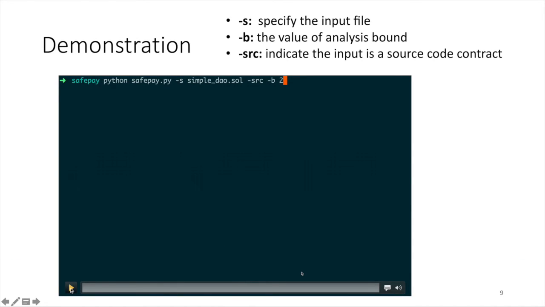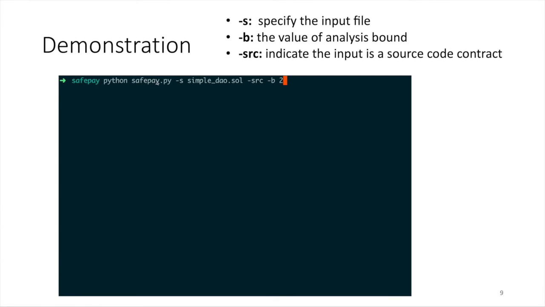Currently, the SAFEPAY framework is implemented in Python as a command line tool for Linux-based operating systems. SAFEPAY is run with a script to start a detection. As specified in the input field, B is the number of transactions in transaction scenarios, and source indicates the input is a source code contract.